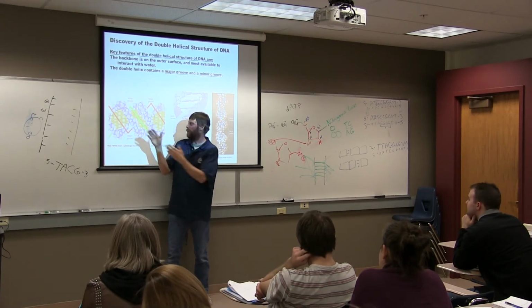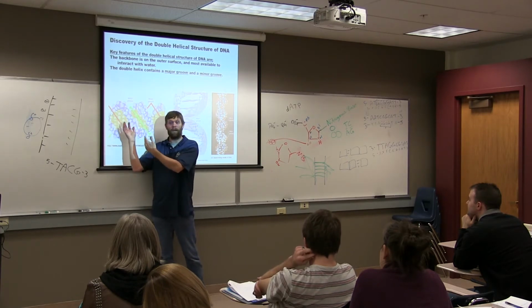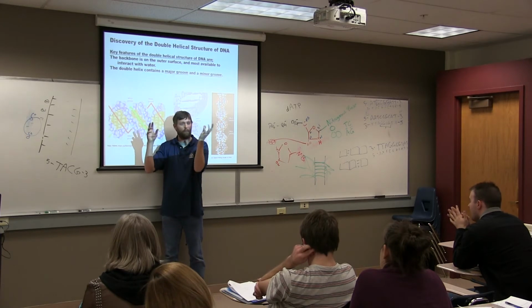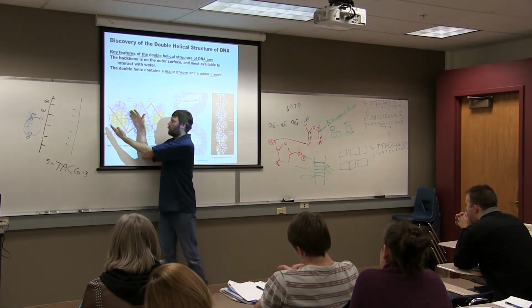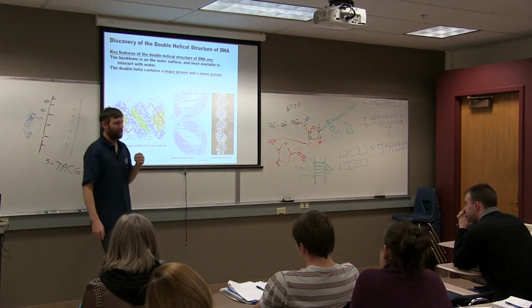If I loosen up the DNA, I can open this up, and maybe some other new protein can get in there that couldn't before. And the cell can control whether that second protein interacts or not by then twisting the helix more tightly and squeezing this space. How cool is this?